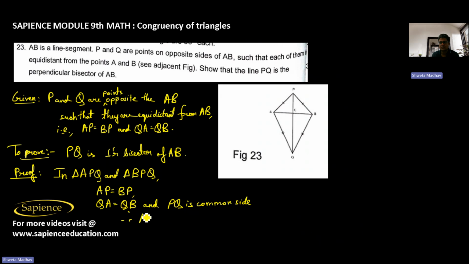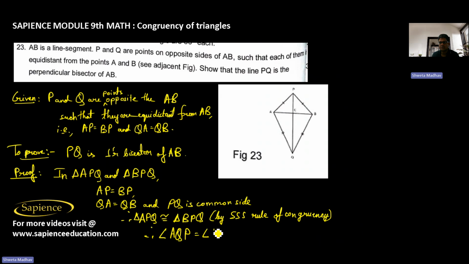So therefore, I can say that triangle APQ is congruent to triangle BPQ. How? By SSS rule of congruency. So therefore, I can say that angle AQP is equal to angle BQP, or I can also say angle AQC is equal to angle BQC, by CPCT.